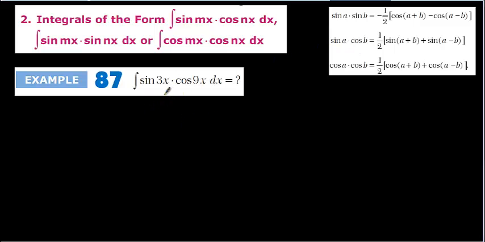Okay, then here sine 3x times cosine 9x is given. Sine here and cosine here match this formula.